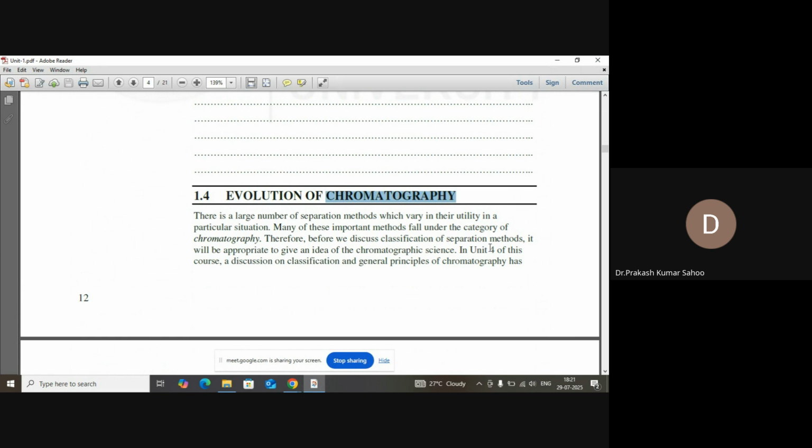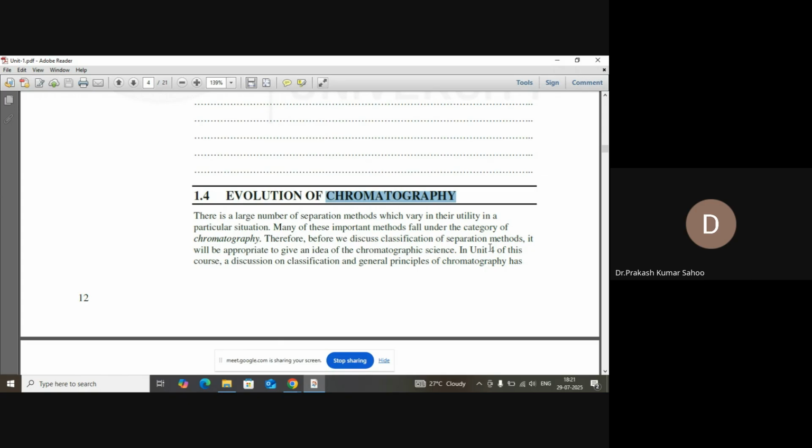We will discuss different chromatography techniques one by one, like gas chromatography, liquid chromatography, thin layer chromatography, gas liquid chromatography, membrane chromatography, and ion exclusion chromatography. All these are chromatography techniques.